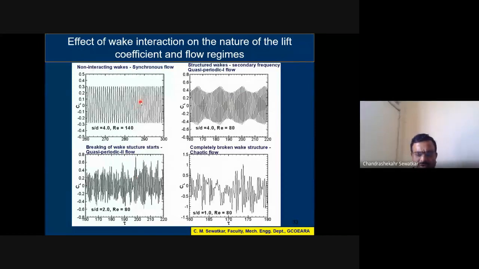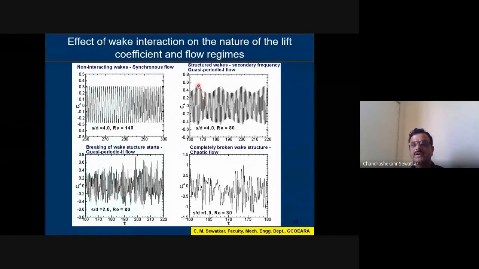So what is the essence in synchronous flow? The time period of a primary cycle, consecutive cycles, is the same. In quasi-periodic one, the time period of consecutive primary cycles is varying, but only within 10%.